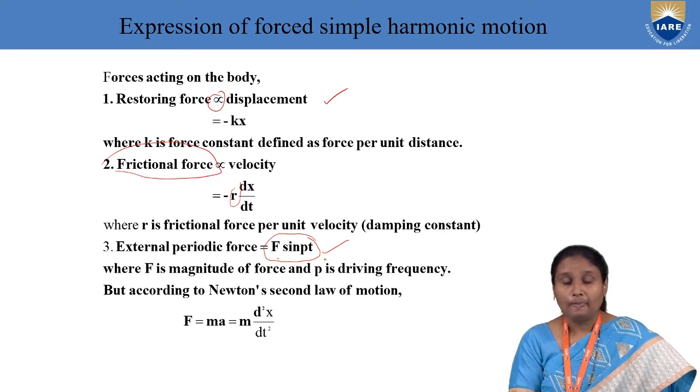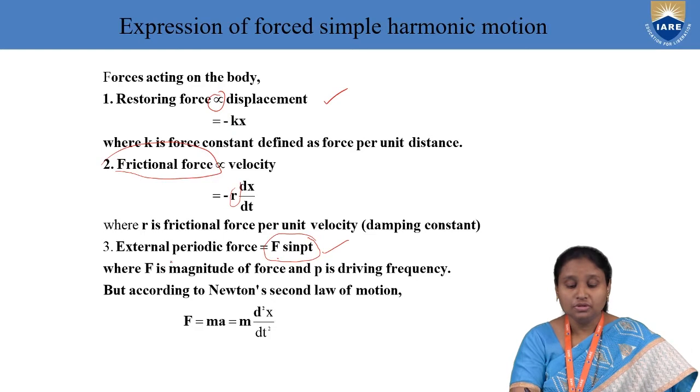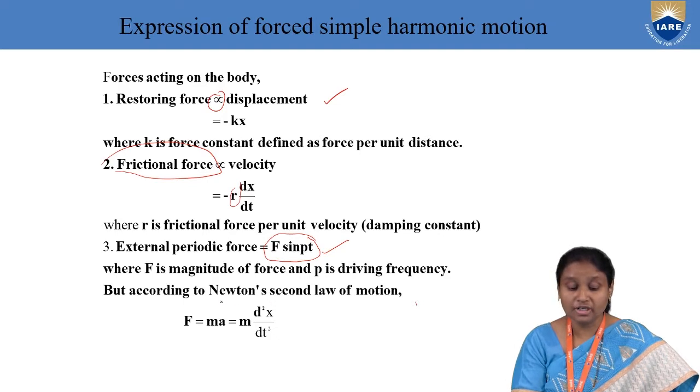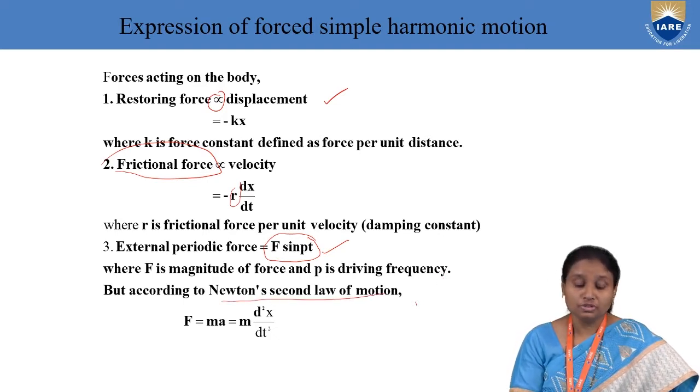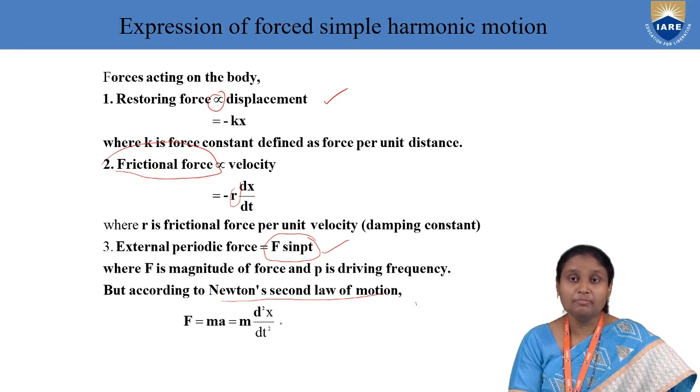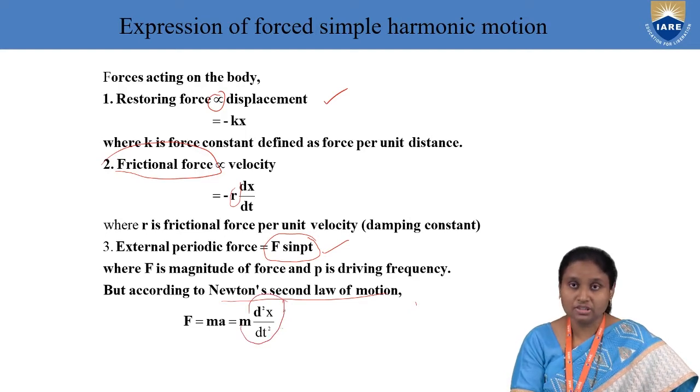Now as usual, we take these three forces acting on the body and compare them with the force given by Newton's second law of motion. According to Newton's second law, force is given by mass into acceleration, and acceleration is represented in terms of displacement as a second order derivative.